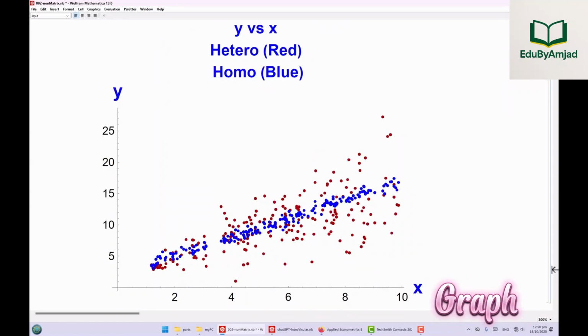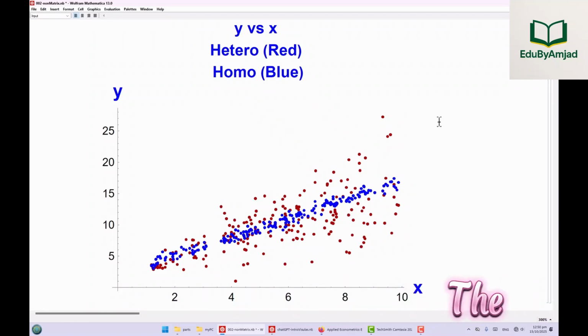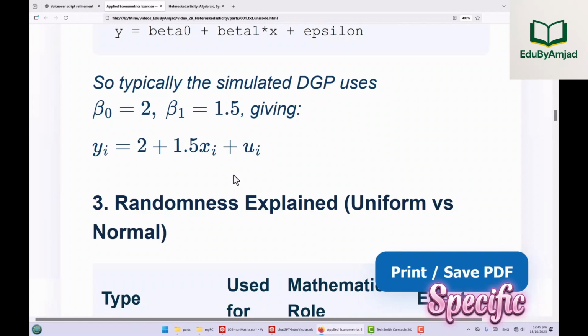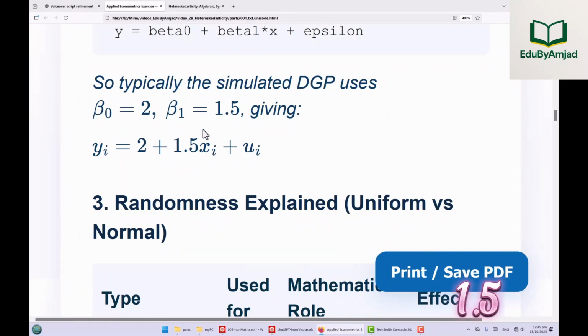This is the overlay graph of both scatter plots. Here, we can compare the heteroskedasticity of the red points with the homoskedasticity of the blue points. Have a look at the regression model in its general form with beta coefficients, and then in its specific form, where the coefficients are 2 and 1.5.